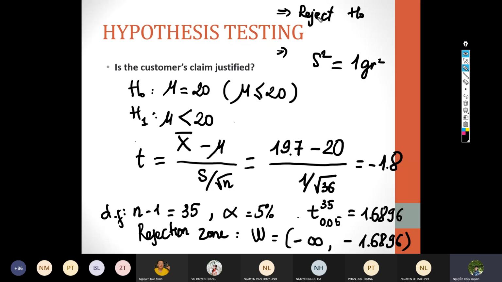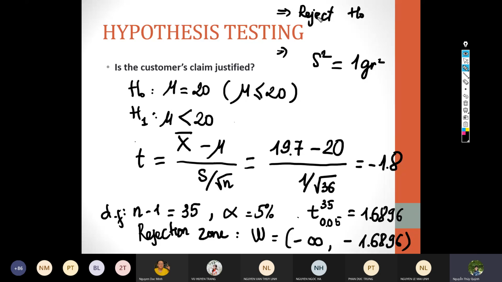We find enough evidence to reject the null hypothesis H0, and we can support the belief that the average weight of all tea bags manufactured by this company is less than 20 grams at 5% level of significance.